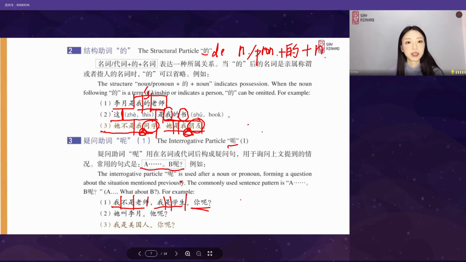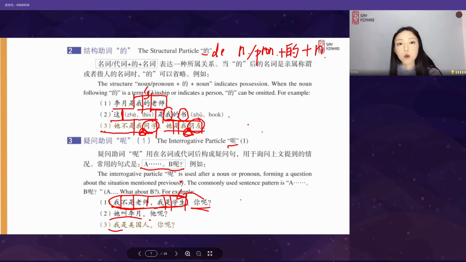It is asking about the identity we've mentioned before, right? Okay, next one is 她叫李月。她呢？Her name is 李月. What about her? It is asking about her name, her identity.